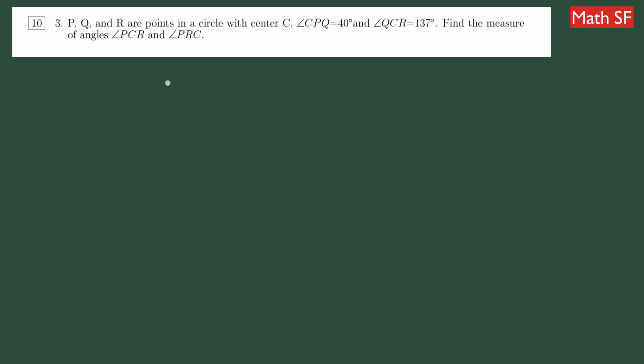Number 3, they're saying that P, Q, R are points on a circle with center C, and the angle CPQ is 40 and the angle QCR is 137. Find the measurement of the angles PCQ and PRC. So first of all, I'm going to try to draw my circle here.